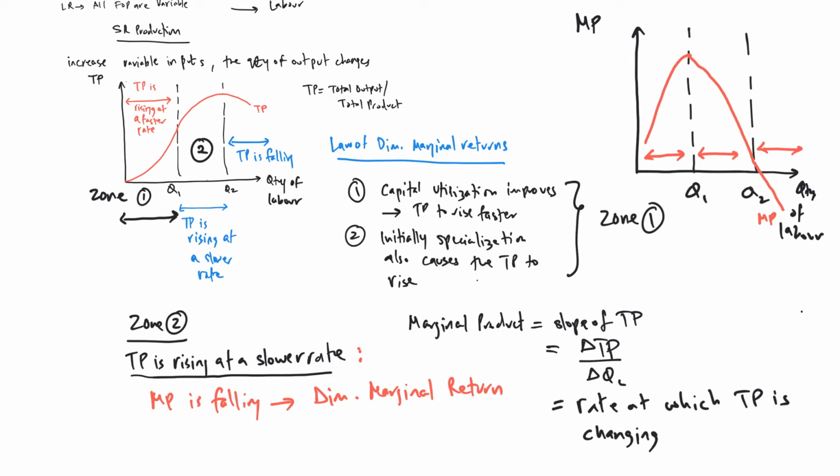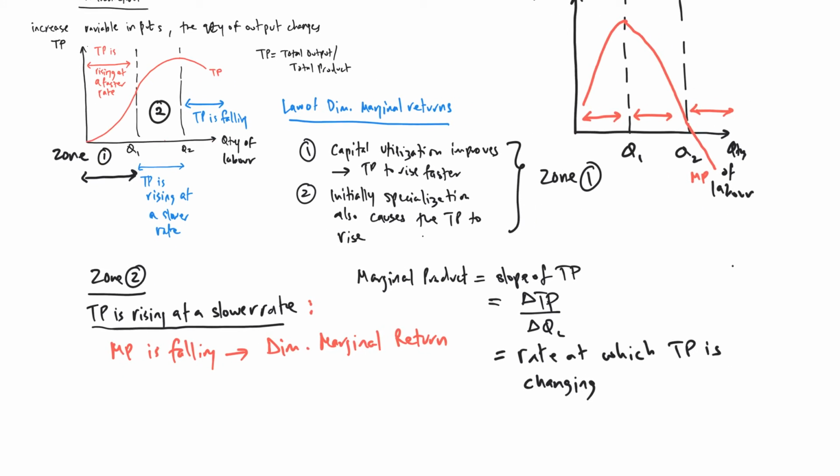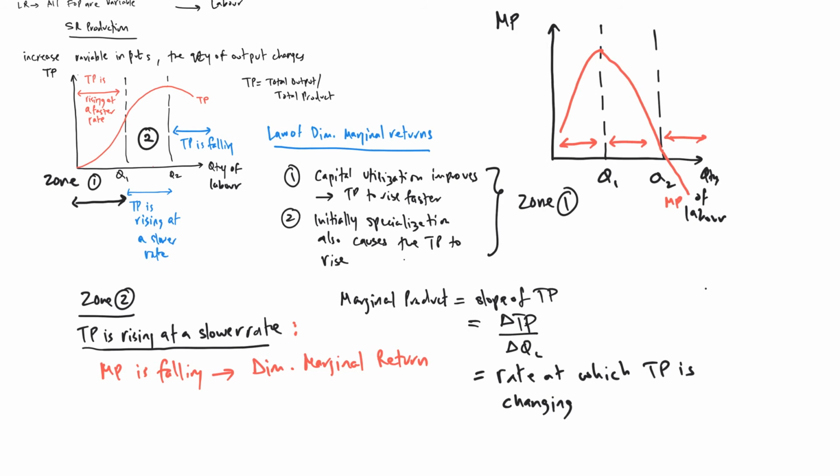Diminishing marginal return is the crux of this whole theory, and we need to understand exactly what that is. The theory says that as quantity of labor rises, the capital over labor ratio falls.